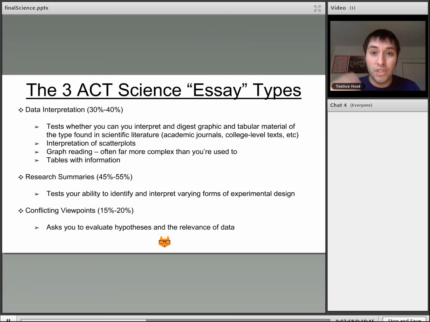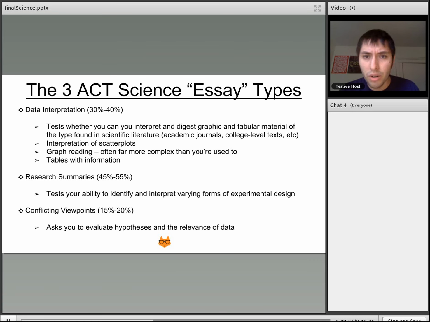You may be able to see, oh, well, this is an experiment, they're following a specific design, but interpreting why the experiment is being carried out and exactly what the purpose of each of the pieces of evidence that are being pulled out is a lot more like reading questions. So if you feel comfortable doing that, apply the same strategy that you use for the reading test here for the science test.